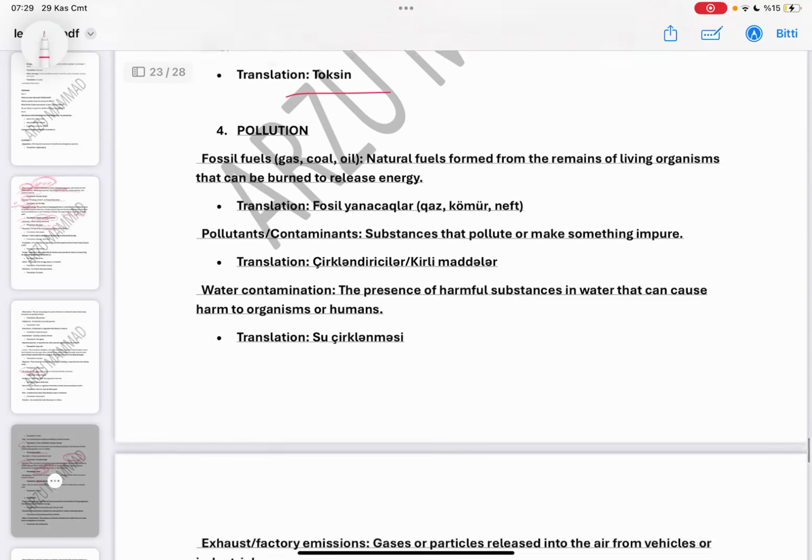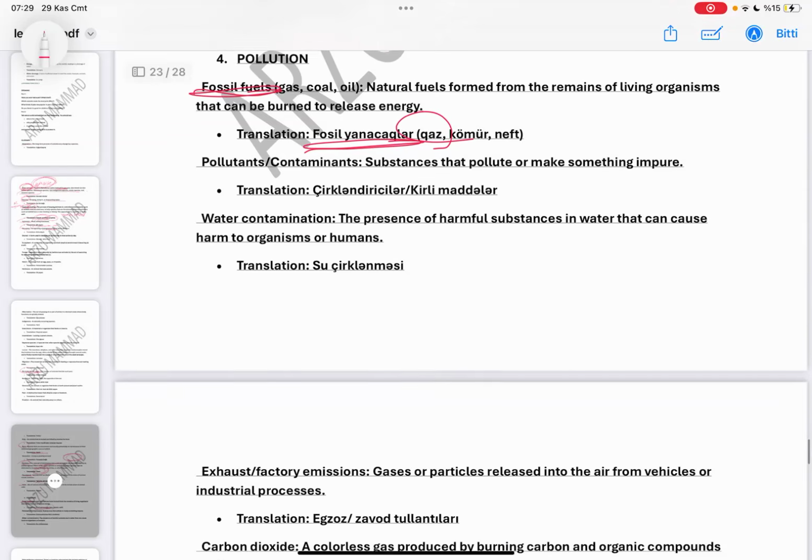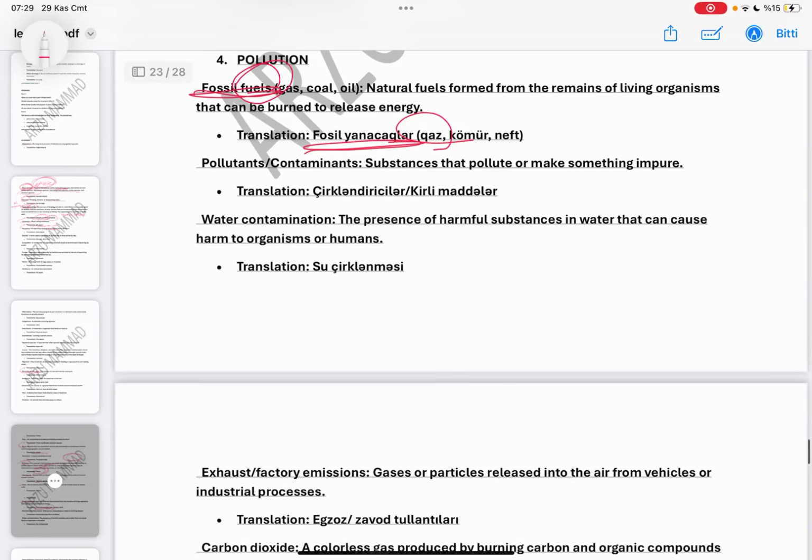Toxin. Fossil fuel. Fossil fuels are like this one's coal, oil, petrol, fossil fuel. Fuel. This is something that is used in order to get energy, so fossil fuels are formed from remains of living organisms.